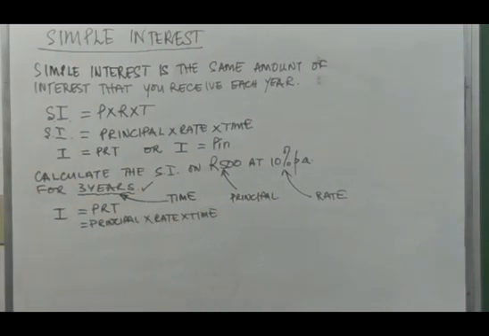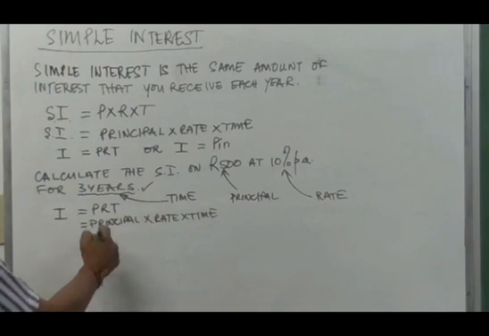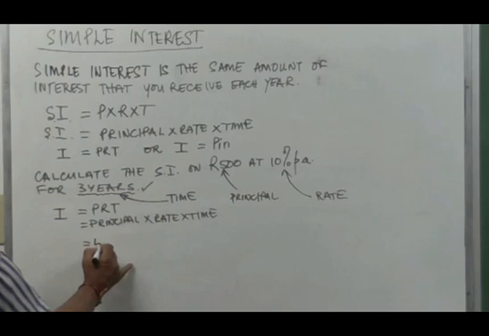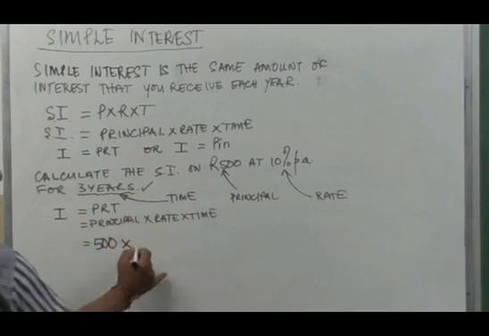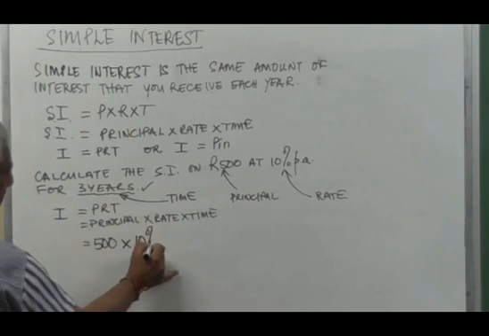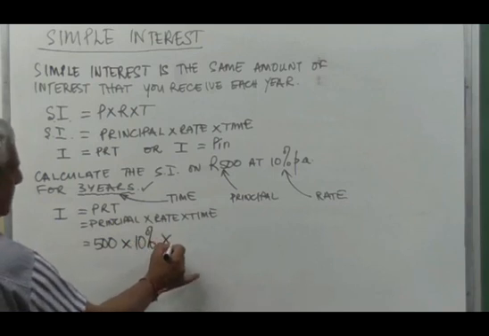So your principal is 500, your rate is 10%, and your time is 3 years. So we substitute. In other words, we fill in the numbers for these words. The principal is 500 times the rate. The rate is 10% times the time.